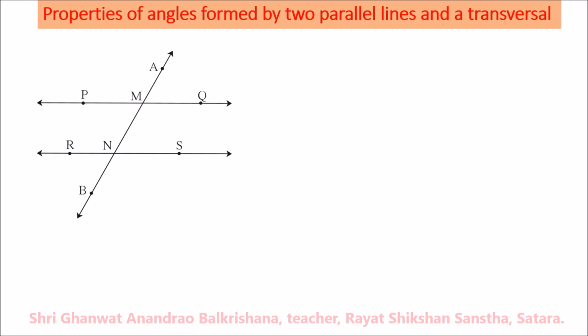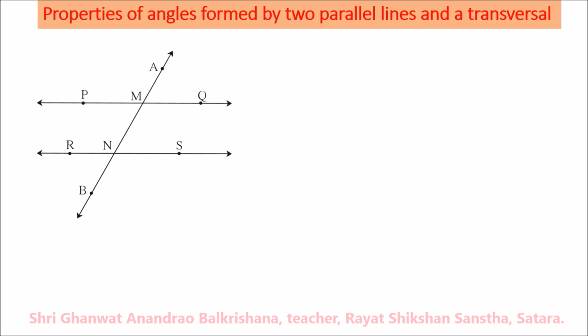Now here in the figure, line PQ is parallel with line RS and line AB is a transversal of the given two parallel lines.